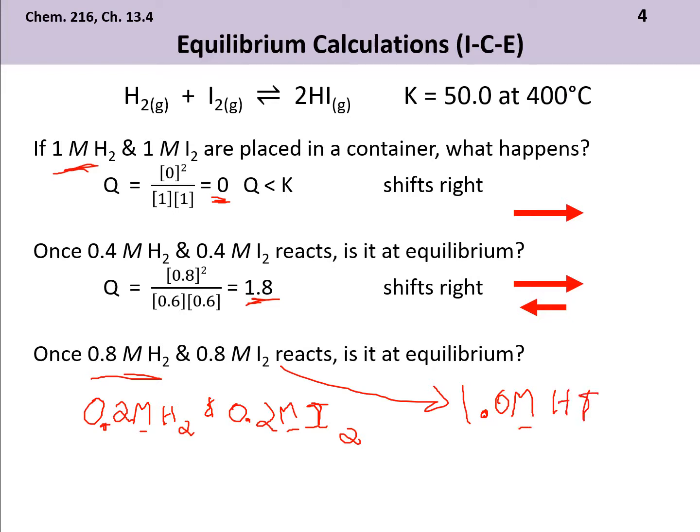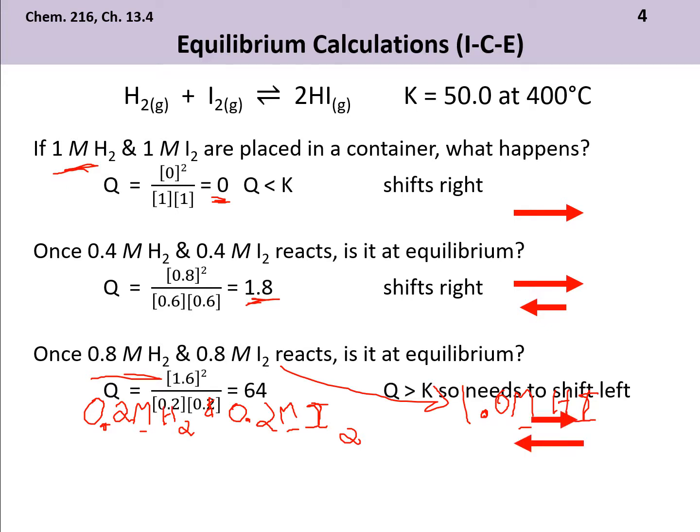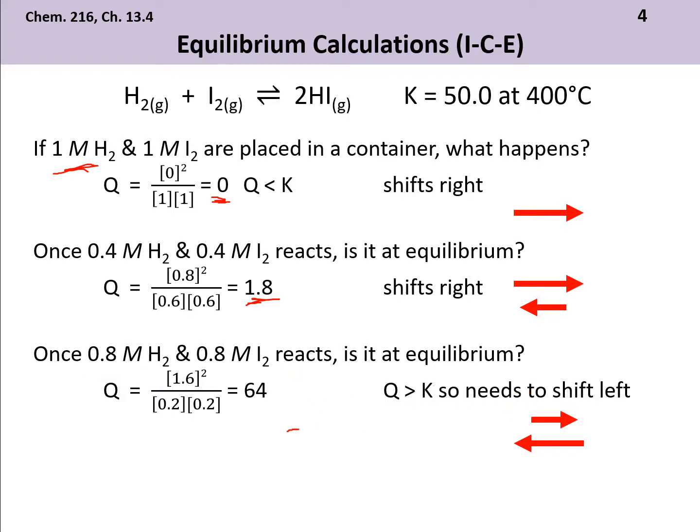All right, let's go ahead and plug these in for my Q. And what do I get? I put my products on the top, that's my HI. I put my reactants on the bottom. And I end up with a Q of now 64.